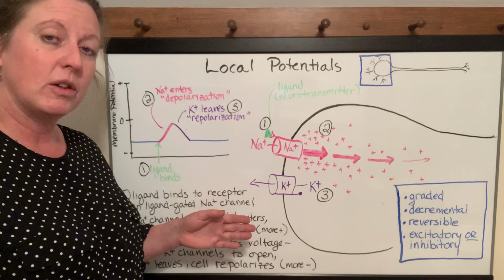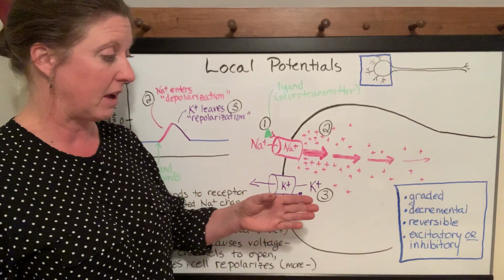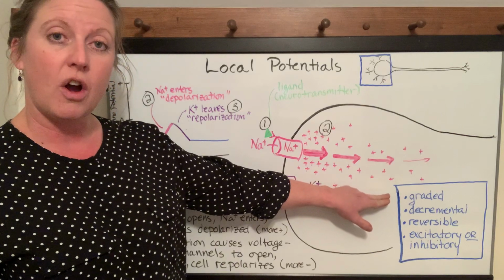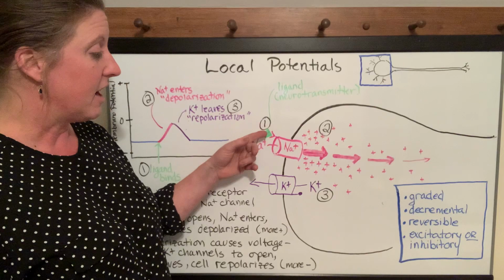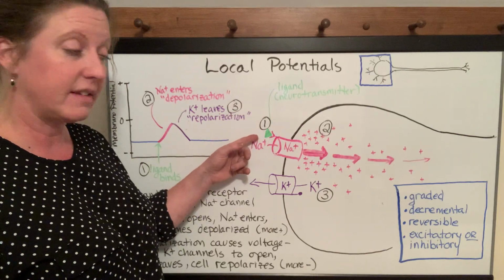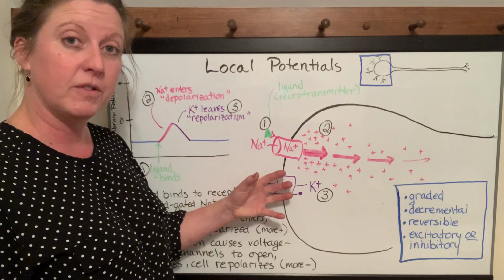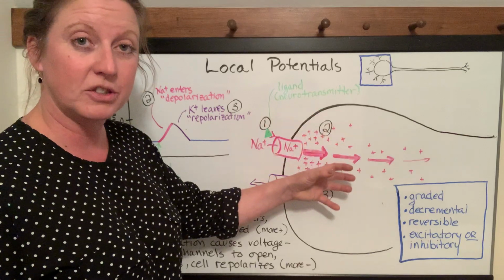Now, a few things about local potentials that set them apart from action potentials, which we're going to talk about next. Local potentials are graded. That means that they come in different sizes. If a whole bunch of neurotransmitter was released by the previous cell, then a whole bunch of ligand-gated sodium channels would open, and we get a whole bunch of sodium in.